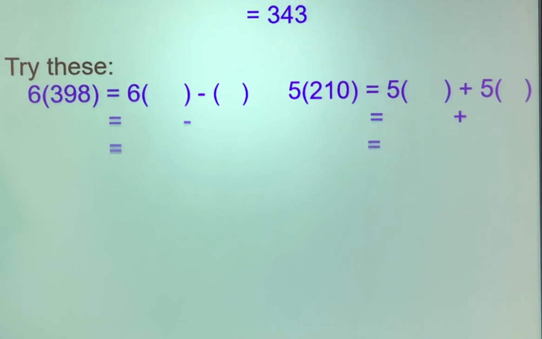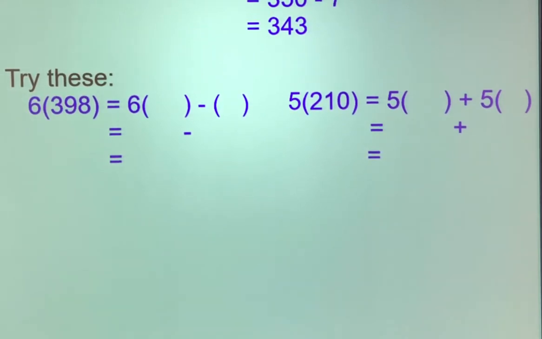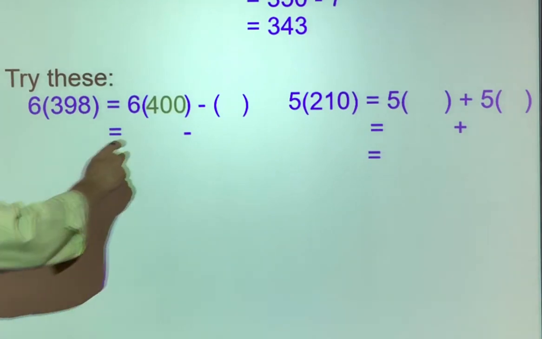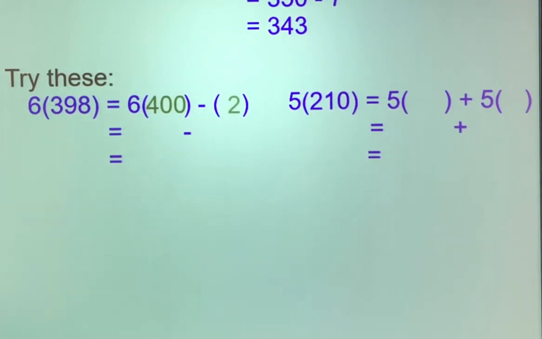So on this one, I'm going to do 6 times 398. Well, can I round 398 up to the nearest 100, which would be 400? That's rounded up, we rounded it up 2, so I'm going to subtract that 2 away from it. So I'm going to say 6 times 400 minus 6 times 2.